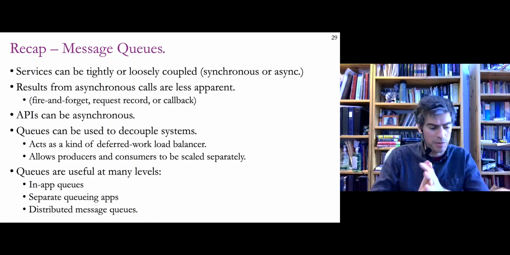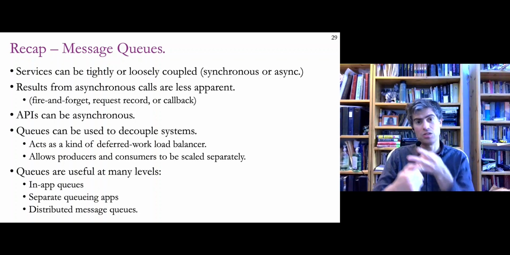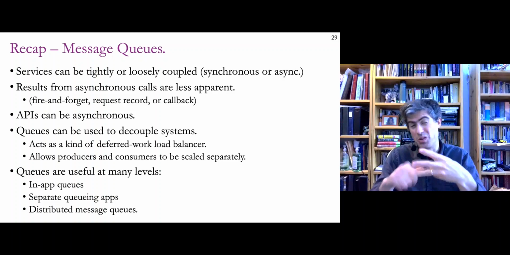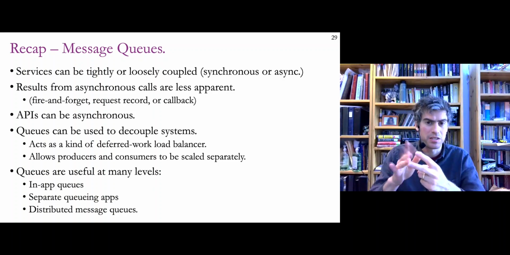Particularly, the one I mentioned before was that messages are usually delivered at least once or at most once. You can choose between one or the other, but you cannot choose to have messages executed exactly once, which is what you really want. So that's a consistency trade-off there.